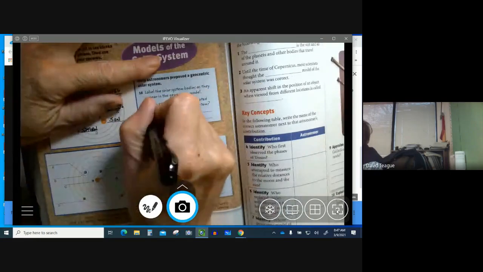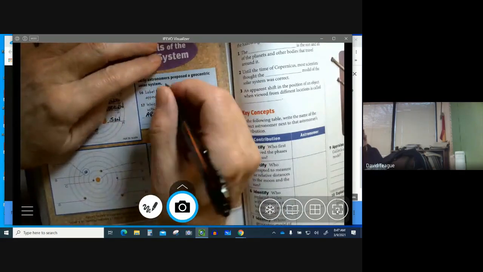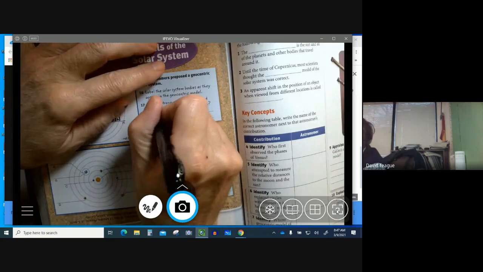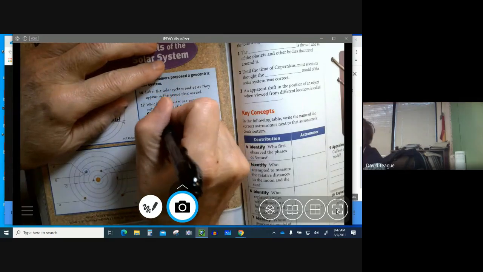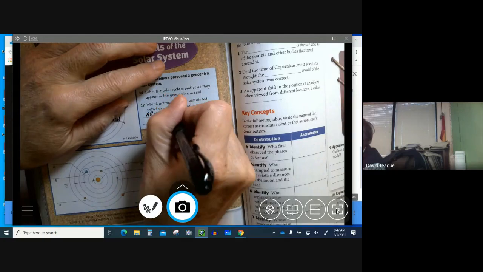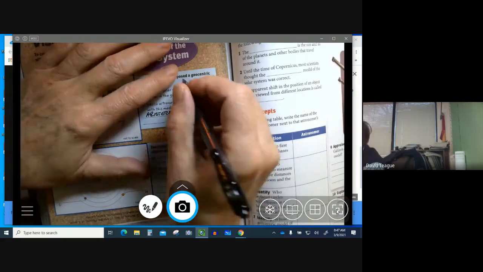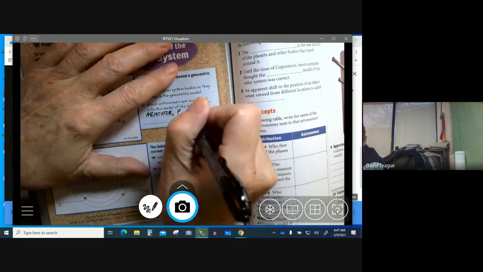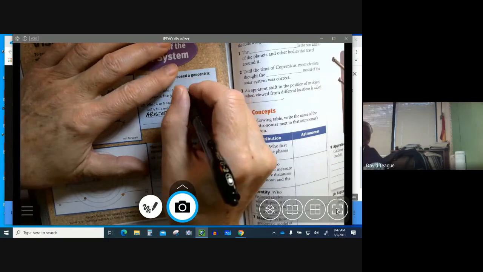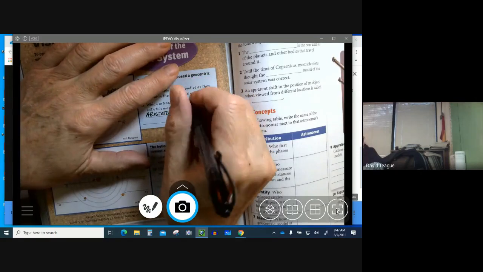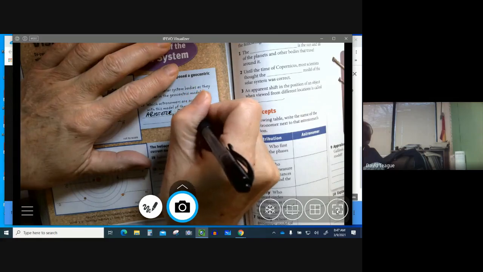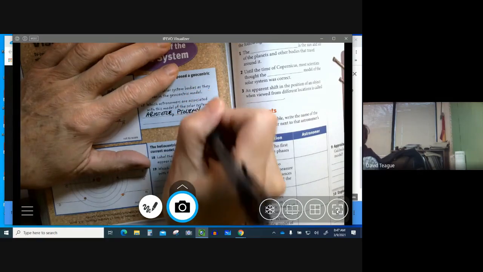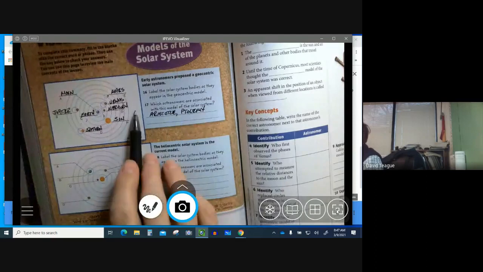So the first one, or the oldest one, is Aristotle. And the next one is Ptolemy. Don't know why there has to be a P in front, but okay. So that's 16, that's 17.